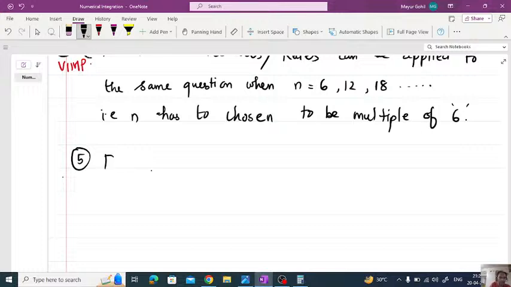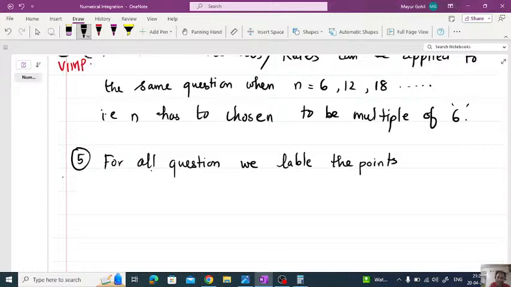For all questions, we label the points from x naught onwards.